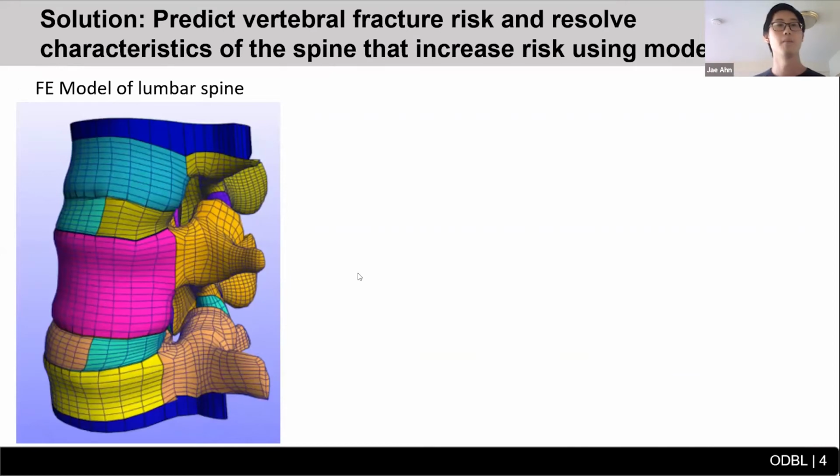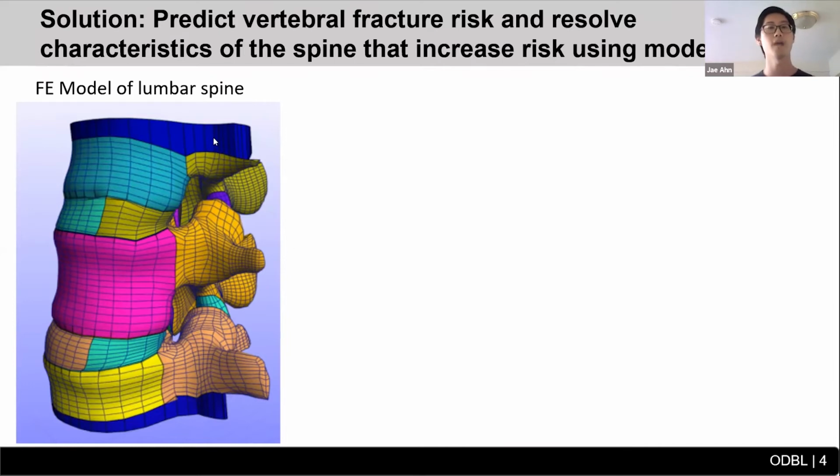My solution is to first start by building a finite element model of the lumbar spine segment. For those of you who don't know what a finite element model is, imagine taking some object of interest, where you can change certain material properties and run simulations on it to see how changing those values affects the final result.